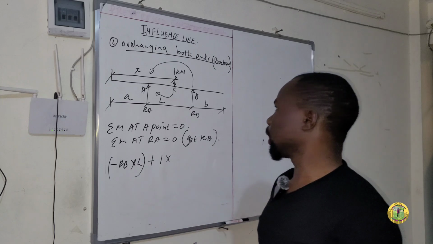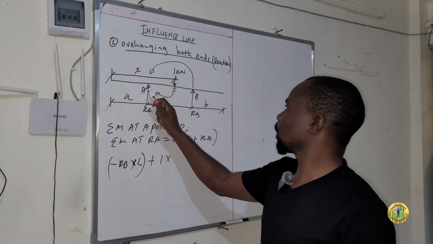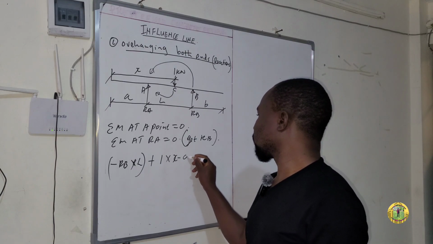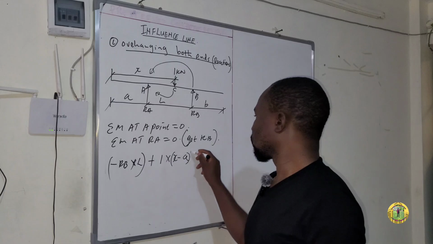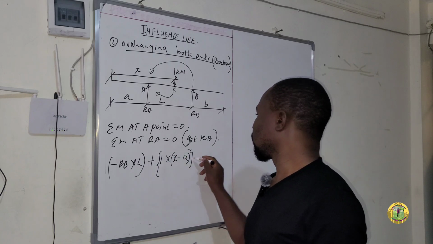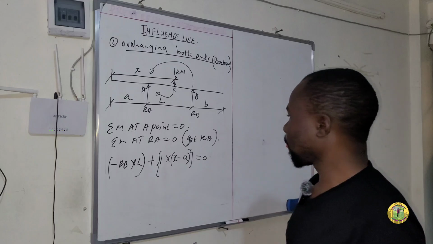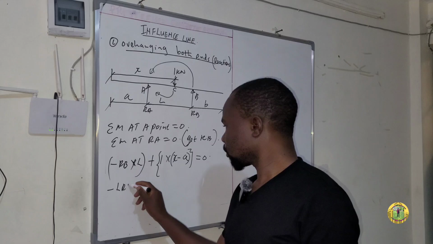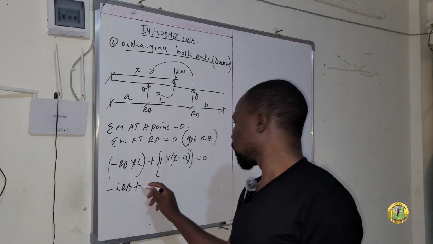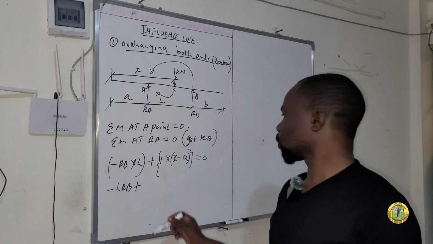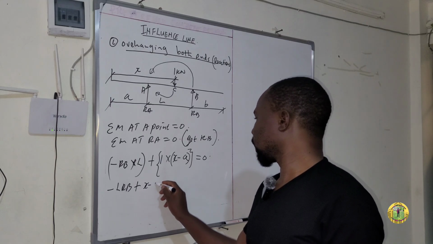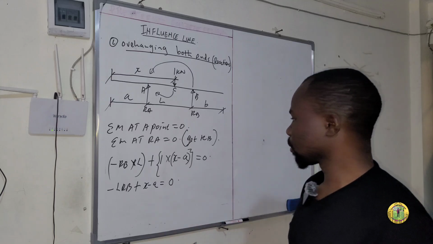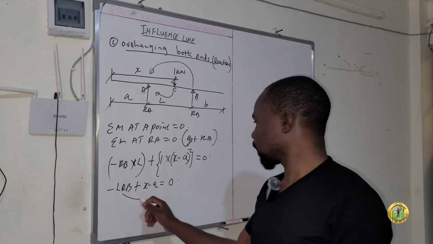So plus 1 times the distance. The distance from RA to where this load is acting is x minus A, like that, and then it is equal to 0. So minus L RB plus, let's open this bracket, x minus A is equal to 0.